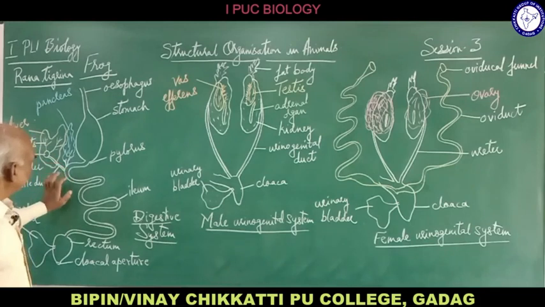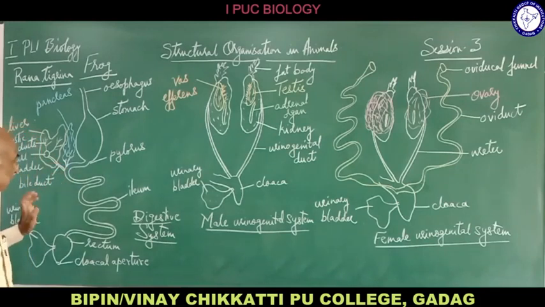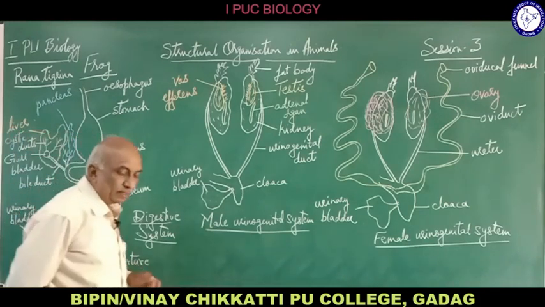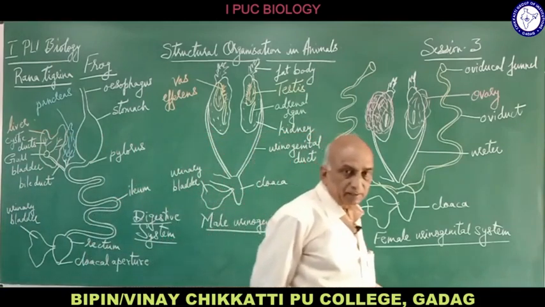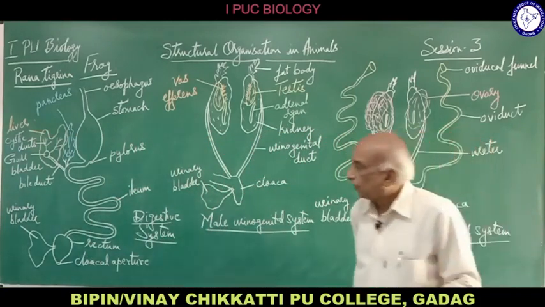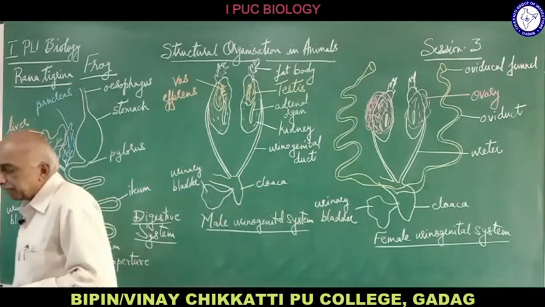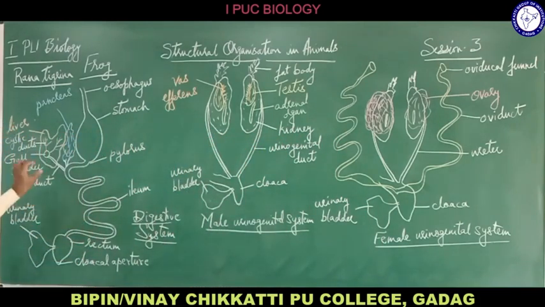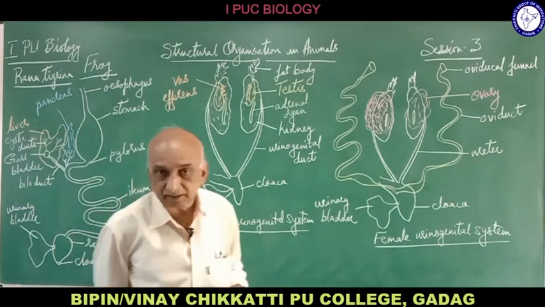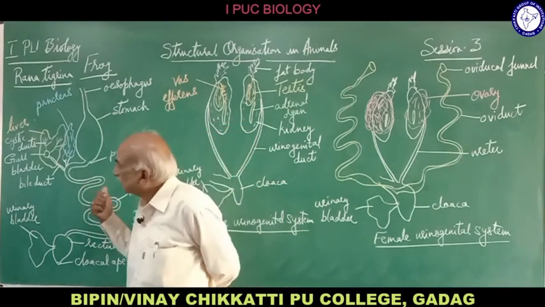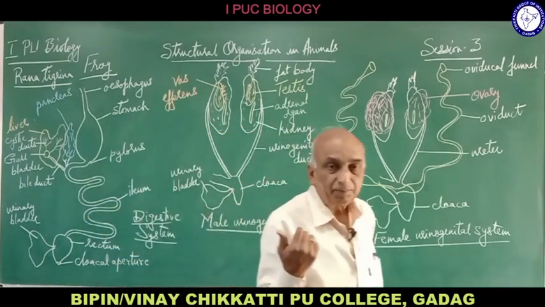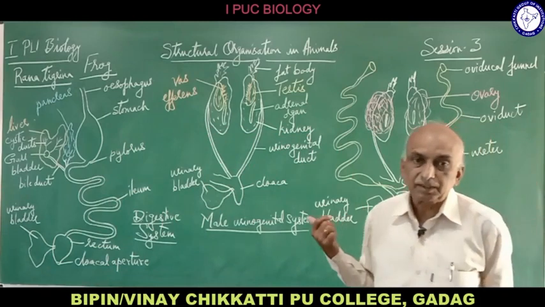Now the ileum or this intestine is also connected with the liver and pancreas. The liver is the organ which produces the bile juice, and this bile juice is stored in the gallbladder. The bile juice is transported by the cystic ducts. The gallbladder and the liver are connected by short and branched cystic ducts.